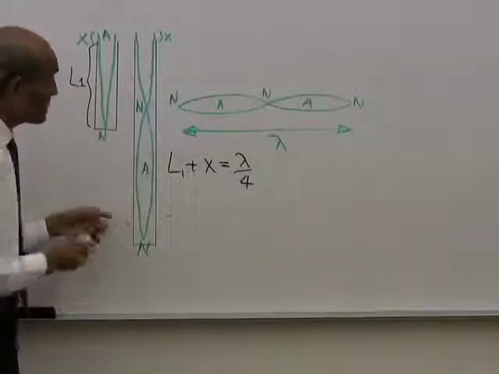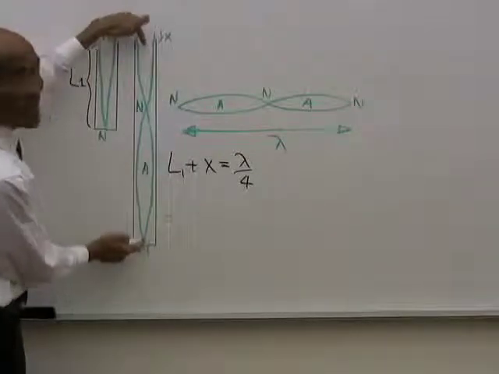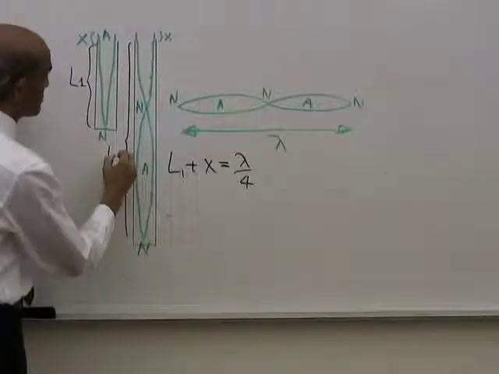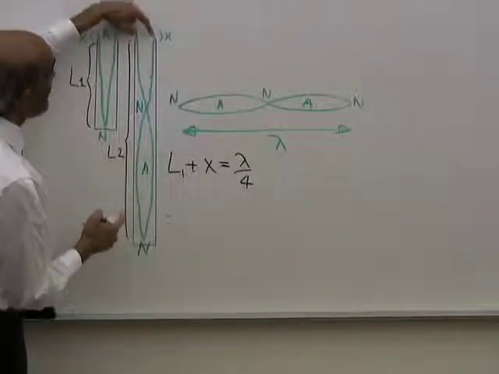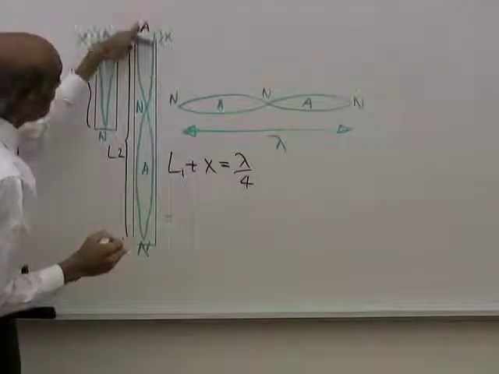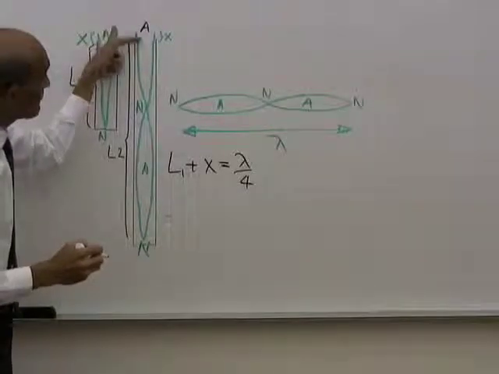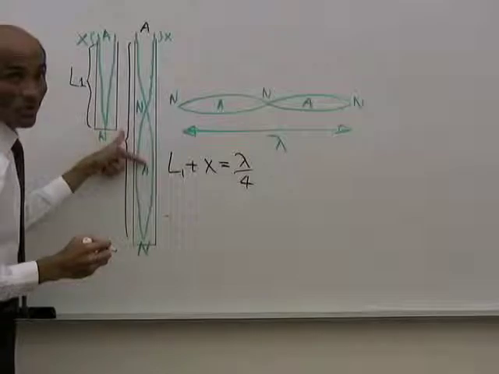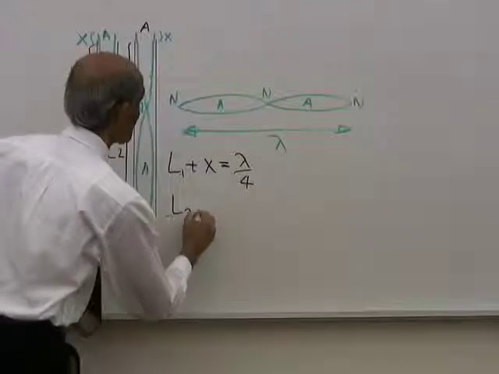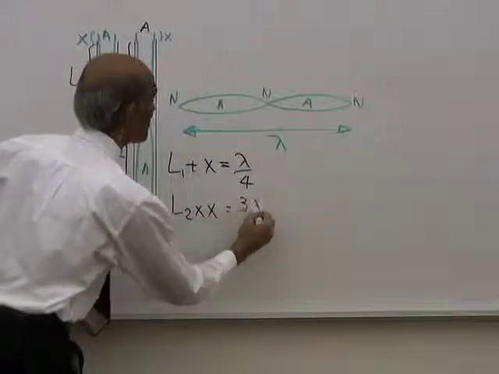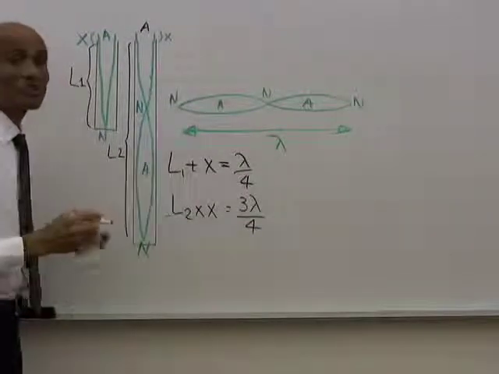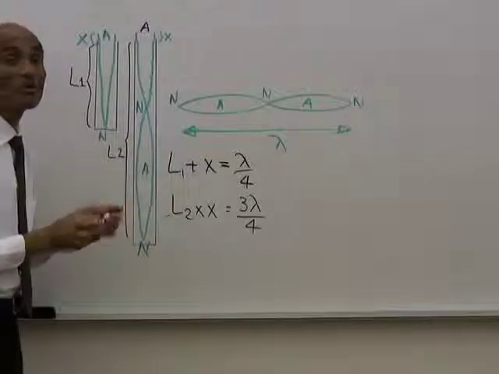Now tell me, if the length of the tube now is L2, then L2 plus X, look at that, this is the antinode there, L2 plus X will be what part of a wavelength? This is a quarter wavelength, this is a quarter wavelength, this is a quarter wavelength. We can say L2 plus X equal to 3 lambda divided by 4.